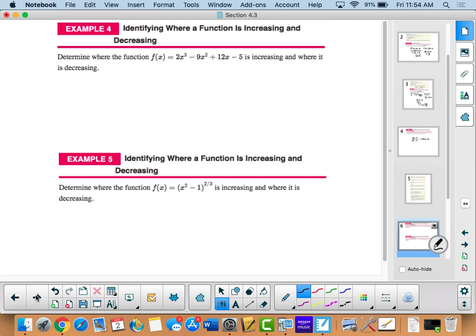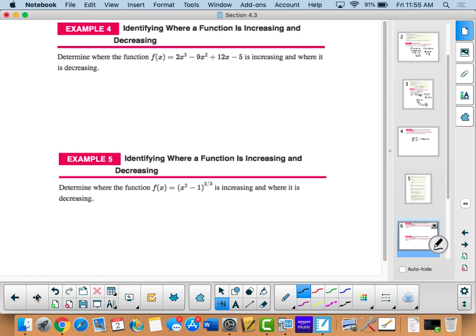We can also use then the mean value theorem to determine when a function is increasing and when it's decreasing by finding those critical numbers, using a sign chart, and then figuring out those intervals. Remember that we have to justify that a function is increasing by stating that the derivative is positive.